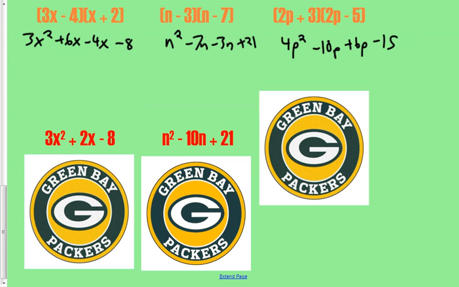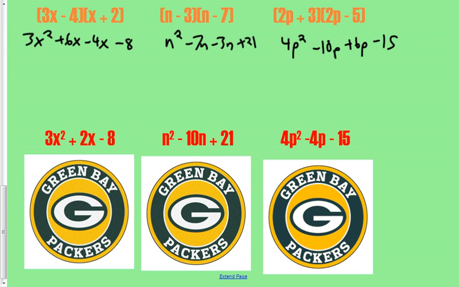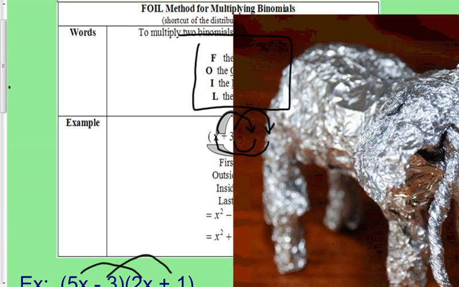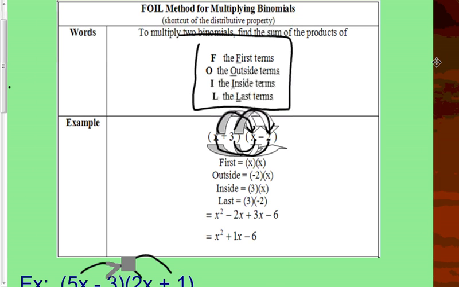And finally, the last one, I got 4p squared minus 10p plus 6p minus 15, and that simplifies to 4p squared minus 4p minus 15. All right, that is the FOIL method. It is a wonderful thing, just like this giant foiled elephant.